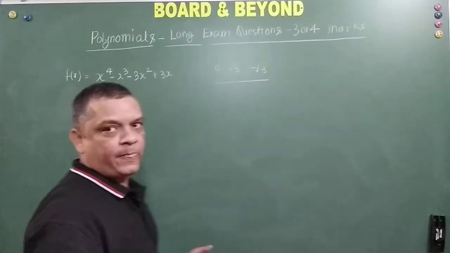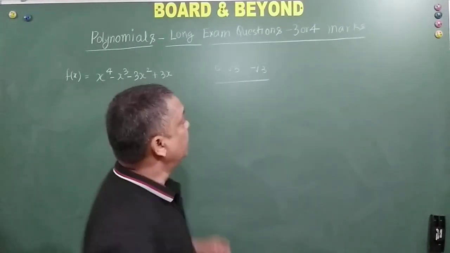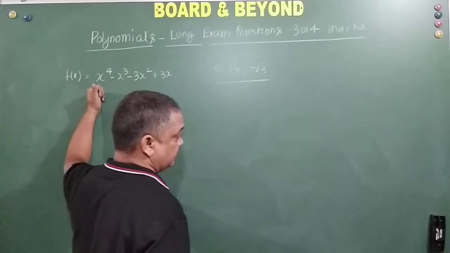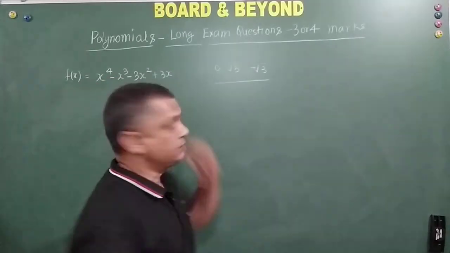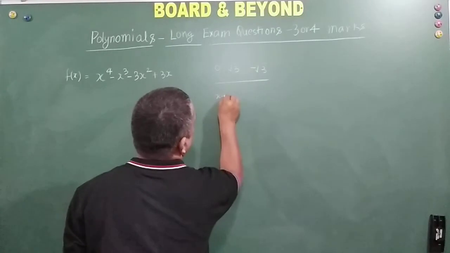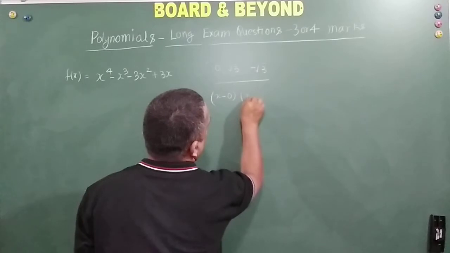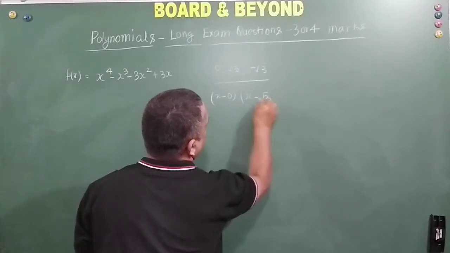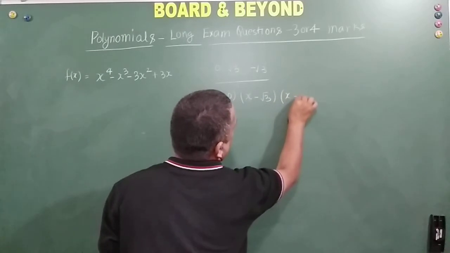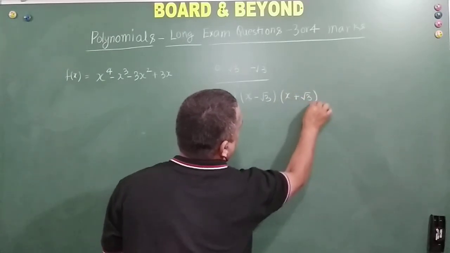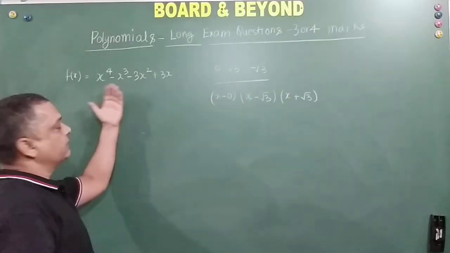So friends, from my previous experience, what do we do here? If 0 is a root of this, x minus 0 is a factor of this. Similarly x minus root 3 and x plus root 3 are independent factors of this.